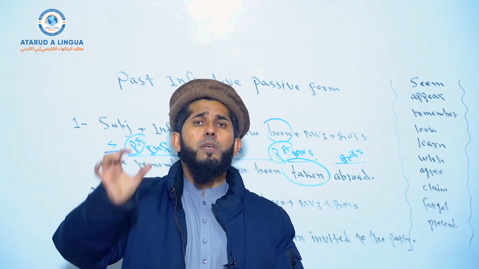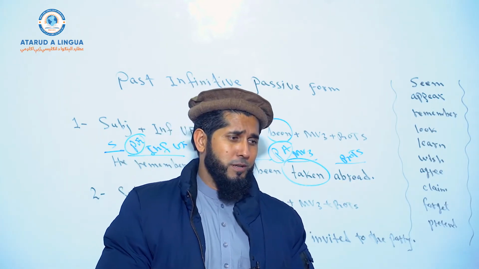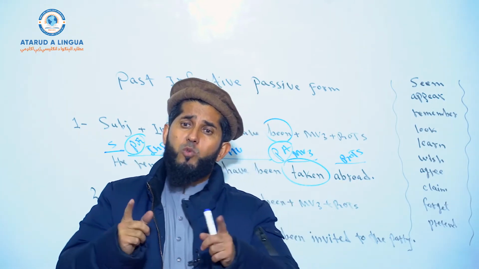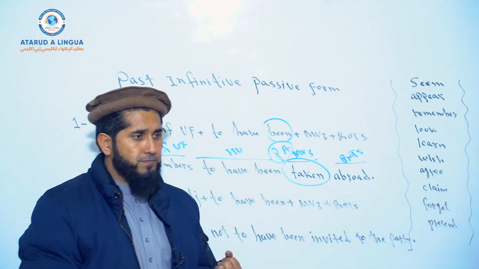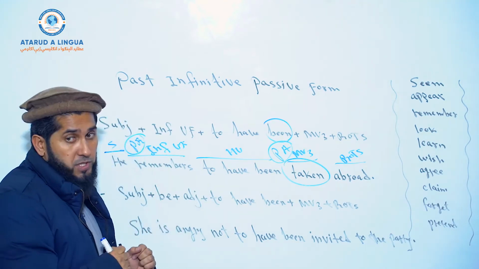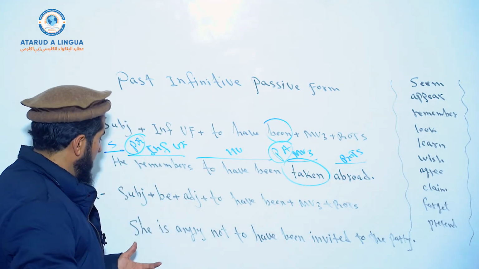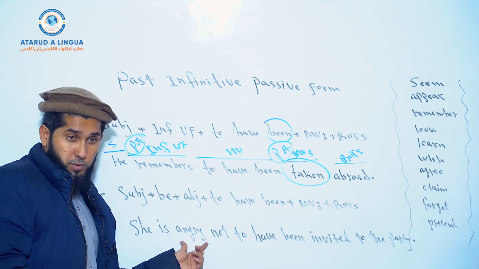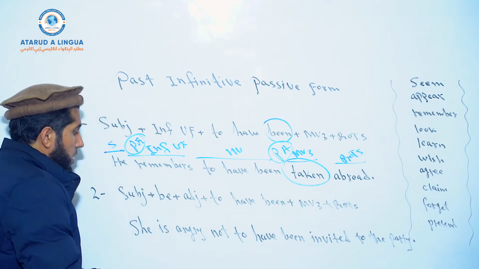So the adjectives of condition can be used in this case. The kind of adjectives which describe the condition of a person or thing, okay? So those kind of specific adjectives. Not all adjectives can be used in this case. So angry, for example, it shows the condition of the subject, right? So why?